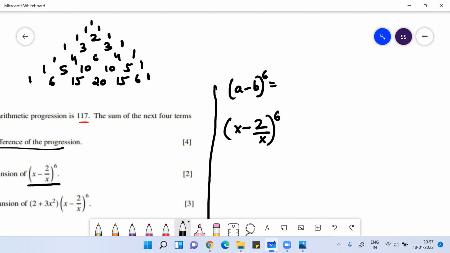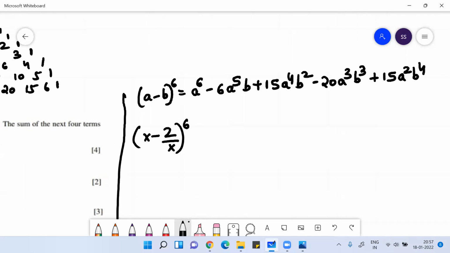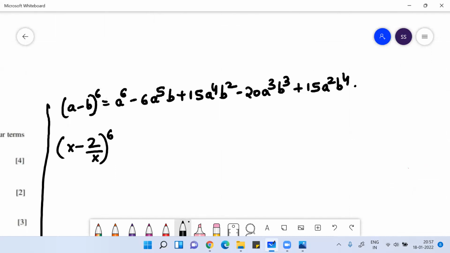So a minus b to the power 6 is a to the power 6 minus 6 a to the power 5 b plus 15 a to the power 4 b square minus 20 a to the power 3 b to the power 3 plus 15 a square b to the power 4, then minus 6 a b to the power 5 plus b to the power 6.